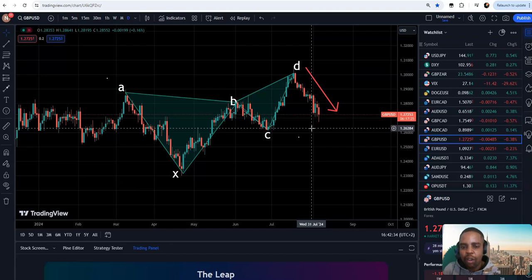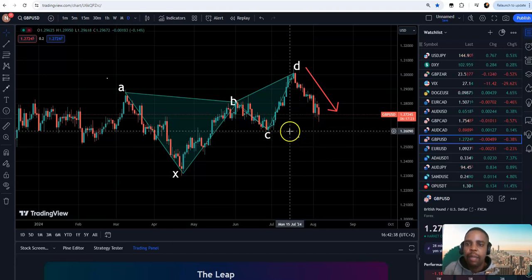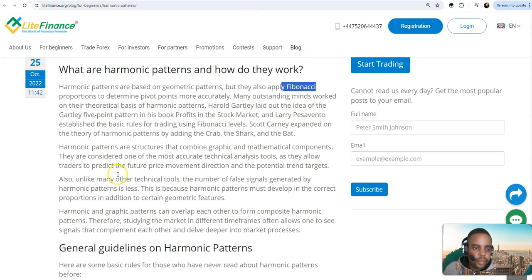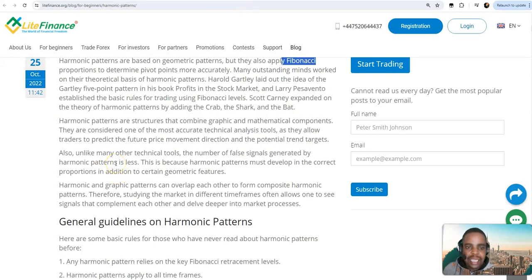But it takes a lot of experience, like I said, and a lot of understanding of what harmonic patterns are. Let's read on. Okay. Harmonic patterns are structures that combine graphic and mathematical components. They are considered one of the most accurate technical analysis tools. Also, unlike many other technical tools, the number of false signals generated by harmonic patterns is less.